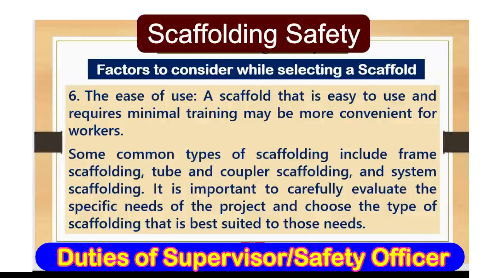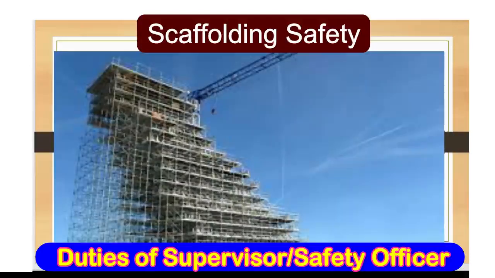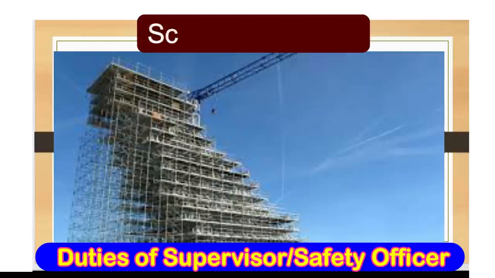Some common types of scaffolding include frame scaffolding, tube and coupler scaffolding, and system scaffolding. It is important to carefully evaluate the specific needs of the project and choose the type of scaffolding that is best suited to those needs.